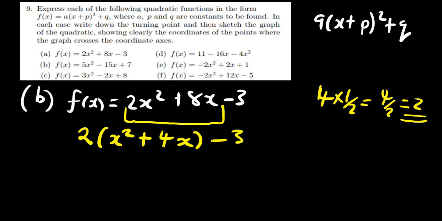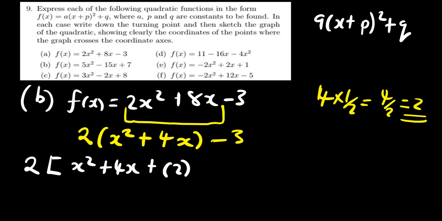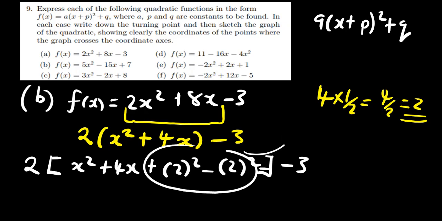Now I'm going to write the 2 the way it is. Then I have x squared plus 4x. Then I'm going to square, so I'm going to say plus 2 squared. Then I'm also going to minus 2 squared, and remember, don't forget your minus 3 outside. Now what I've just done here should take us back to the previous expression. That's why we're subtracting. So we're going to have 2.